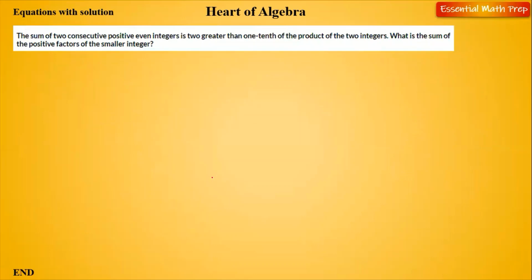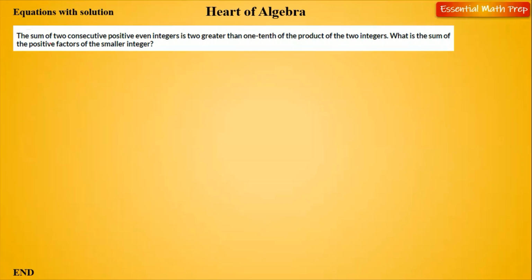This is a pretty tricky problem, and I must say this is also a very lengthy problem. So please stay with me. And if you're unsure at any point, just watch through the video and go back and watch it again. You'll get it, right? The sum of two consecutive positive even numbers is 2 greater than 1/10 of the product of the two integers.